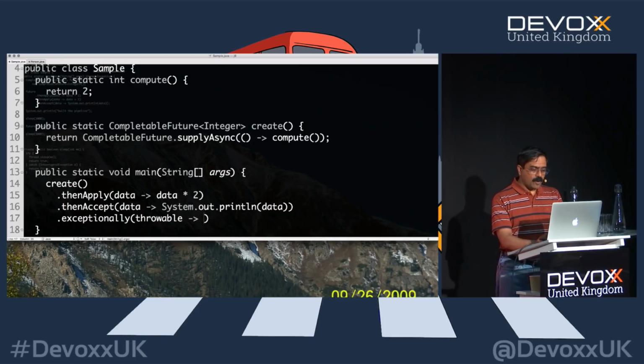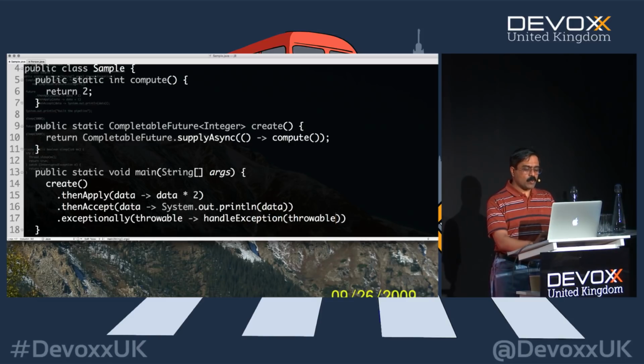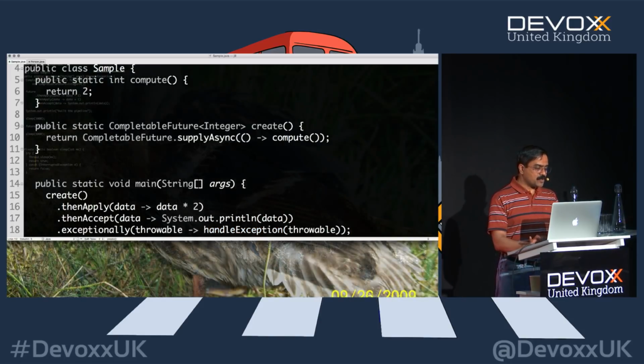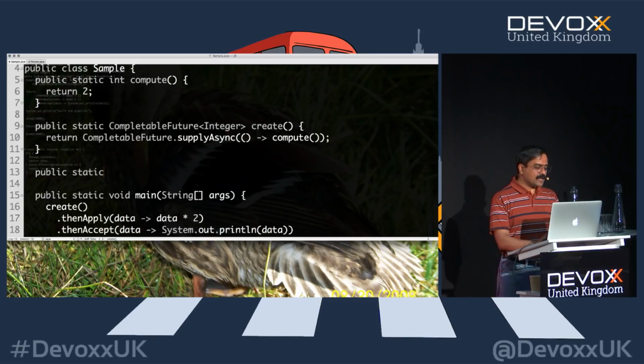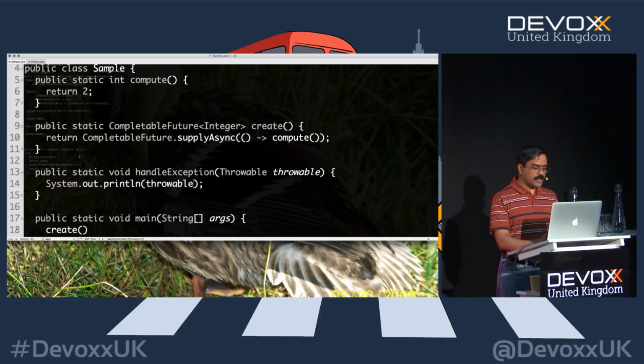I'm going to, first of all, call it handle exception, and I will pass the throwable to it. So what am I going to do in the handle exception? Well, let's try this. So public static void handle exception. This is going to be a throwable. And in this example, all I'm going to do is output the throwable.